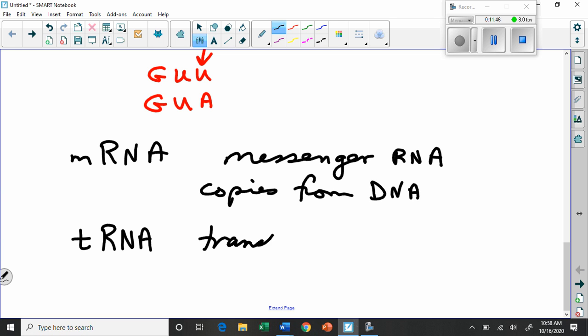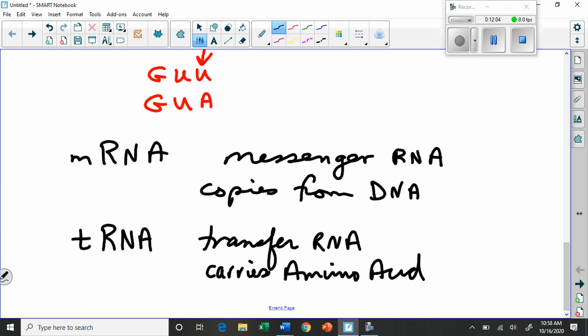Transfer RNA, its job is it has on it a codon recognizer sequence, and it carries amino acids around with it. And so it's like the taxi that brings the amino acids and places them in their right spots to be made into the polypeptide. Carries the amino acids.